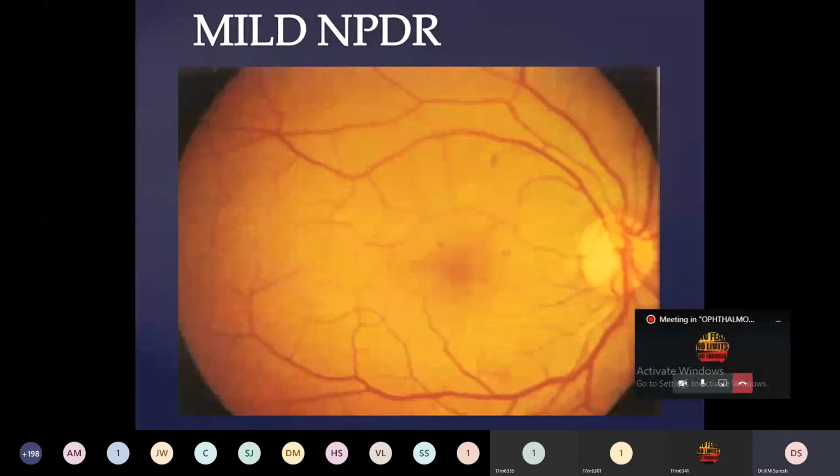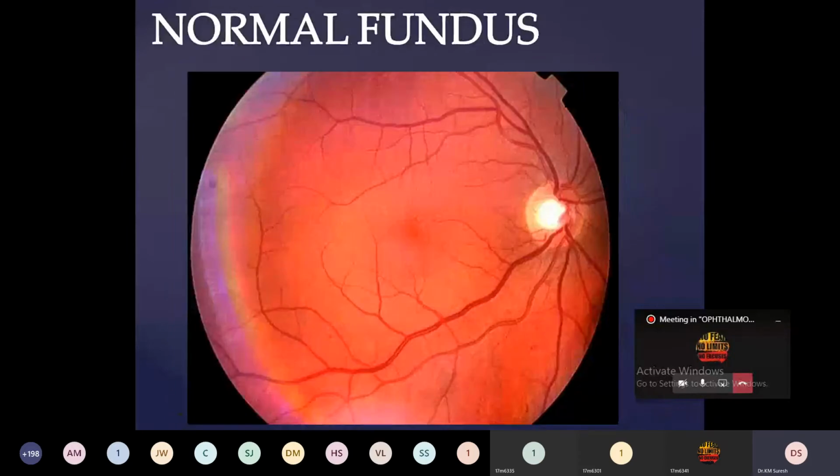This is a picture of mild NPDR along the superior temporal vessel. You can see some red dots, which are just microaneurysms, and temporal to the macula you can see small red dots which are nothing but microaneurysms. This is a normal fundus. The normal fundus has a pinkish red background due to the choroid.